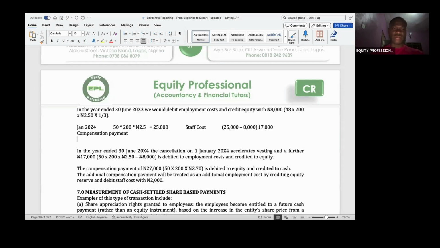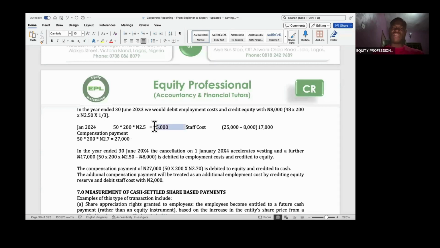Knowing fully well that we have 50 employees, each of them gets 200 options, and he is paying 270 kobo per option, if you punch a calculator, that will give us 27,000. You will see that the employer is now paying more than the value of this option.